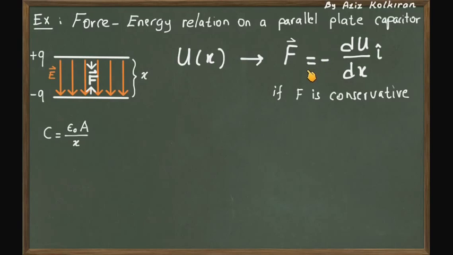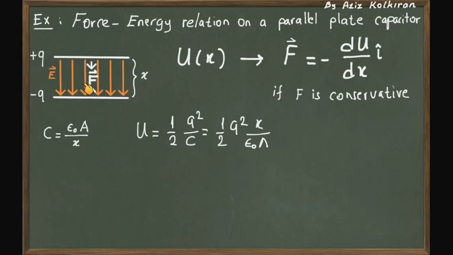And for a conservative force, the general principle is that the force in, let's say, the x direction is minus the derivative of the potential with respect to x. Let's do this for our system.